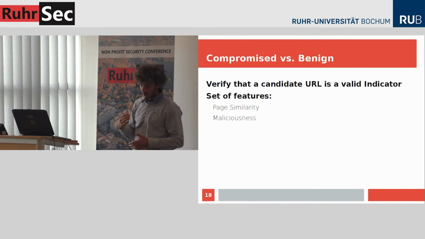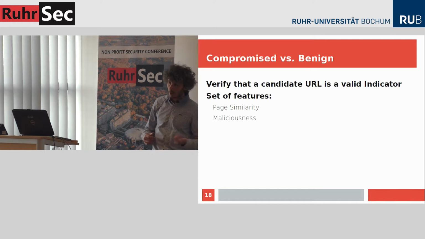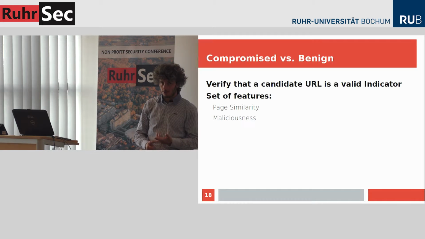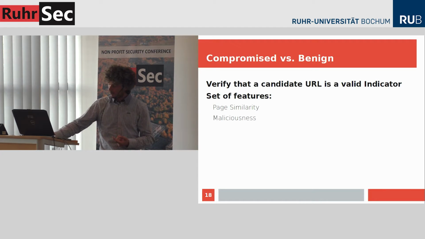So what we do, we automatically query Google Safe Browsing, VirusTotal, and the web reputation system of a company I work for, to see whether these pages are malicious or not. And we use that number as one of the features for our classification algorithm.